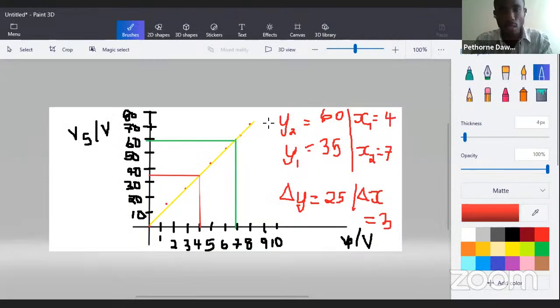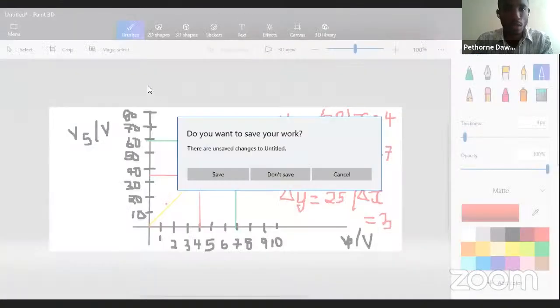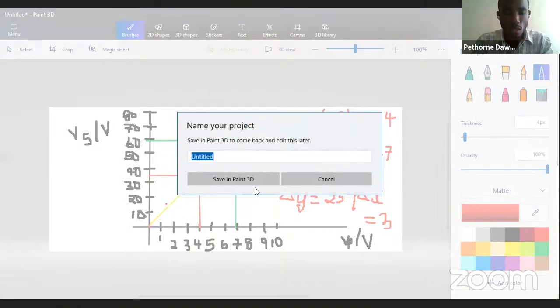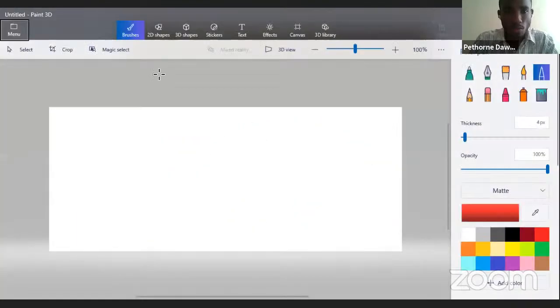What I'm going to do here is open a new project. Now the transformer equation is Vs over Vp.